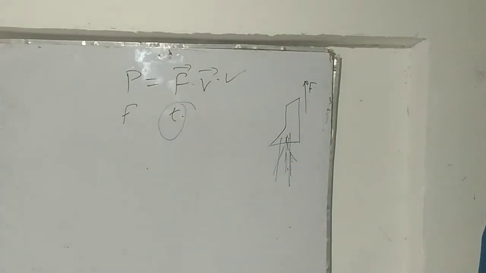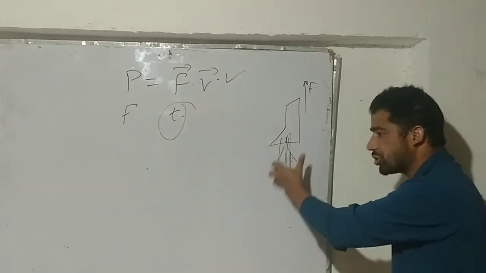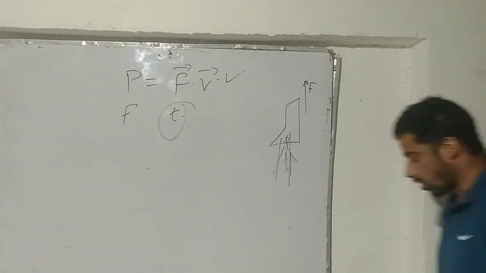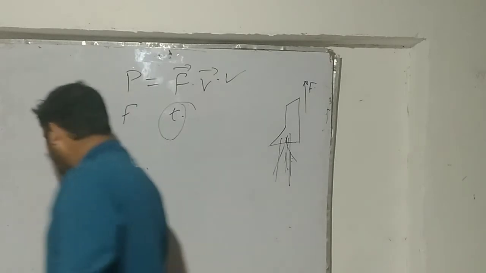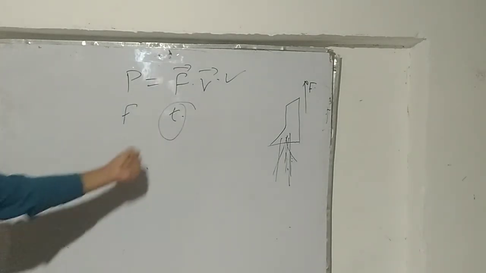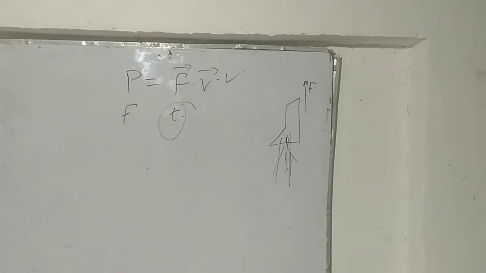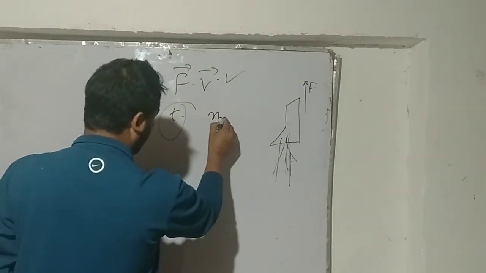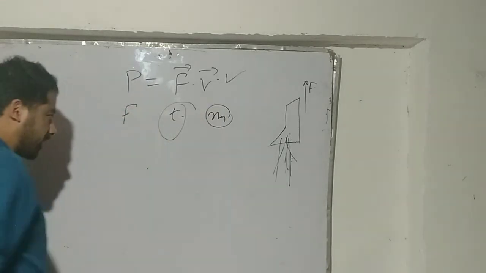If I want to know how exactly the power will be delivered by the engine of the rocket for this time, how can I calculate it? It is also given in the problem that the mass of the rocket is m.